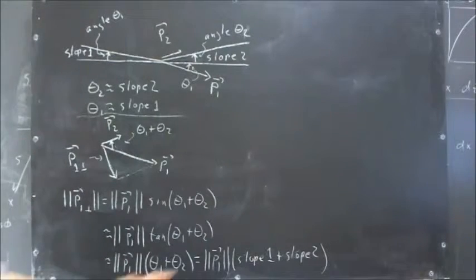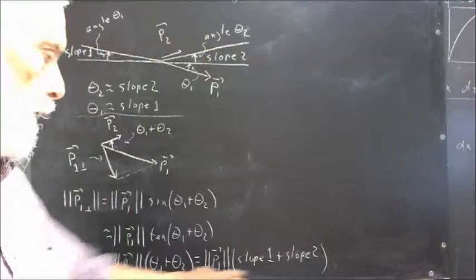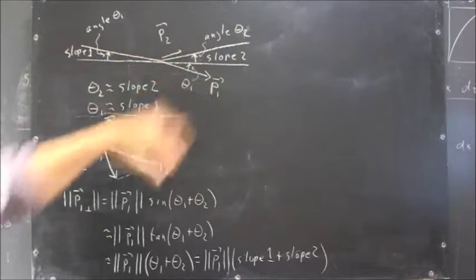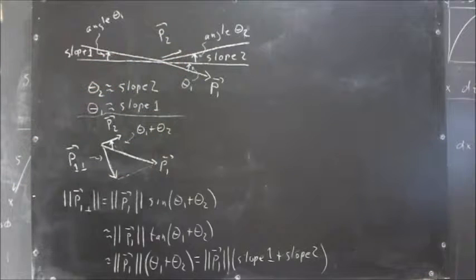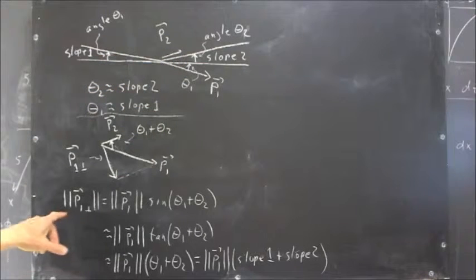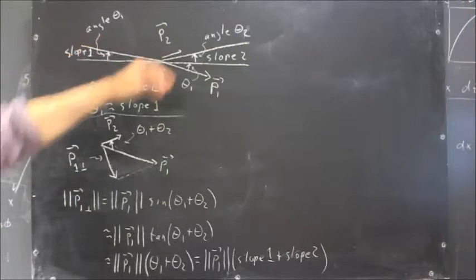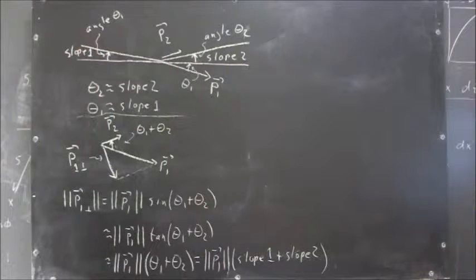And you should think this connection through. How do I get from here to here? The point, though, is that if these are small slopes, and if their sum is still a small slope, this approximation for the component of P1 perpendicular to the incline is a valid approximation.